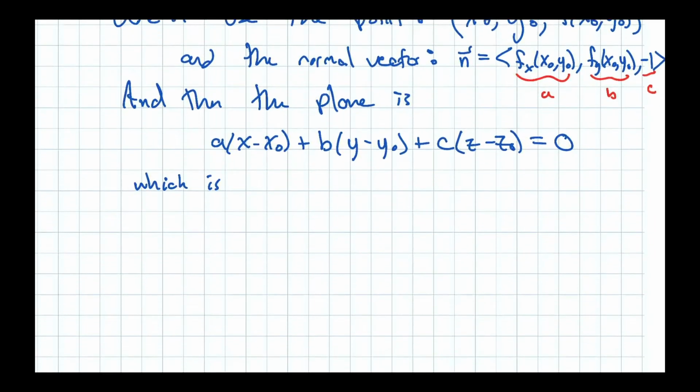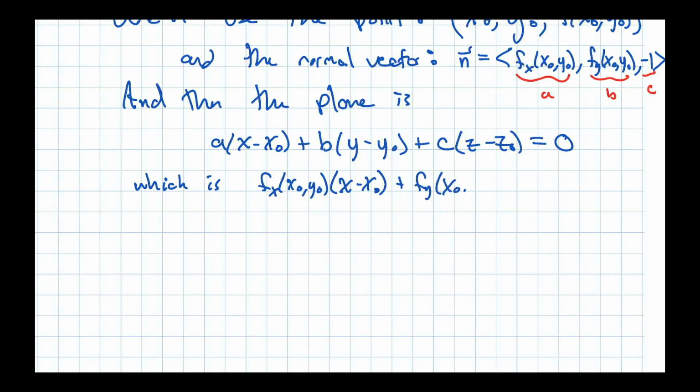And we are going to get a, which is fx evaluated at x0, y0, times (x minus x0), plus the b, which is fy at x0, y0, times (y minus y0). Going to need more room.